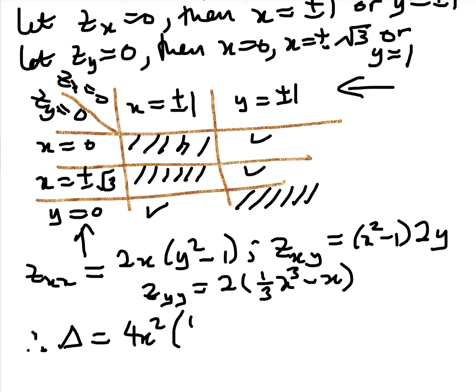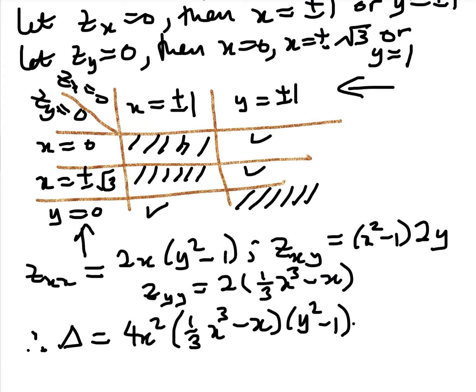That writing is not good, so let's fix that up. That's 1/3 x cubed minus x into y squared minus 1.